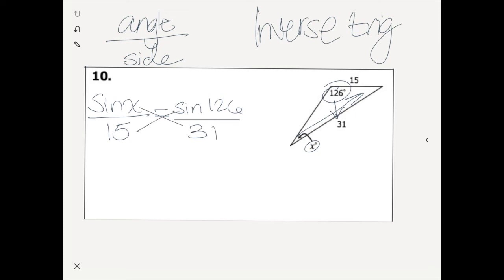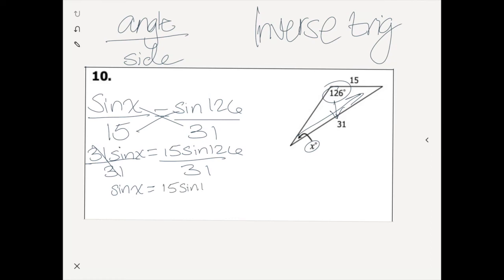We're still going to cross multiply. We're going to get 31 times the sine of x is equal to 15 times the sine of 126. Divide by 31. Now you're going to have the sine of x is 15 times the sine of 126 over 31. Put this in your calculator.